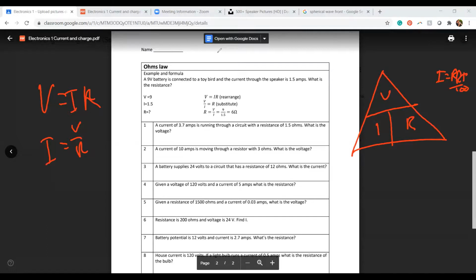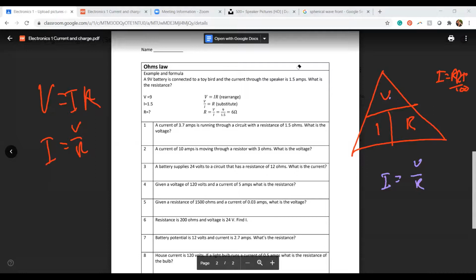How it works is that if you want to calculate I, you cover up the I, and that tells you I equals V over R. Job done.